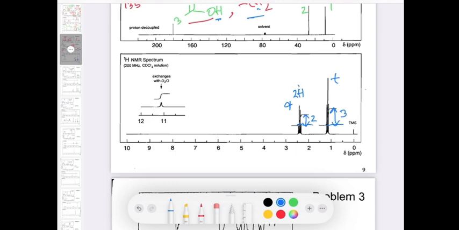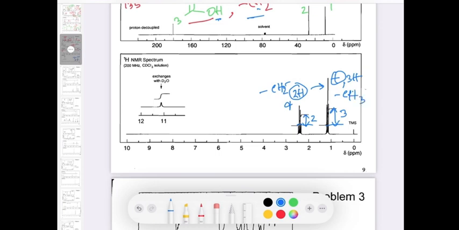Quartet means it has 3 neighboring protons. That means it is a CH2 peak in the proton NMR, and this is a triplet for 3 protons. That means it is a methyl peak which has two neighbors. Two neighbors means this one.